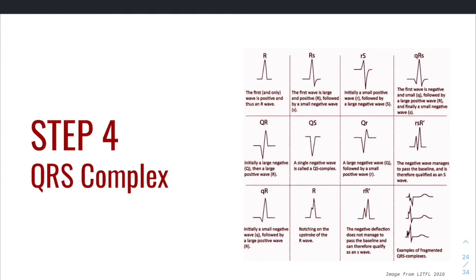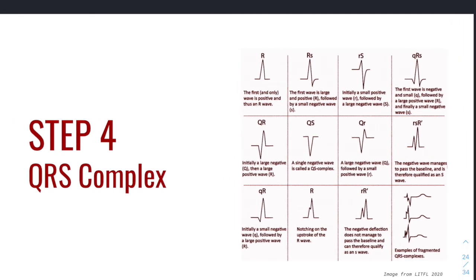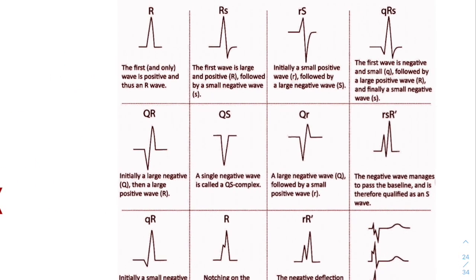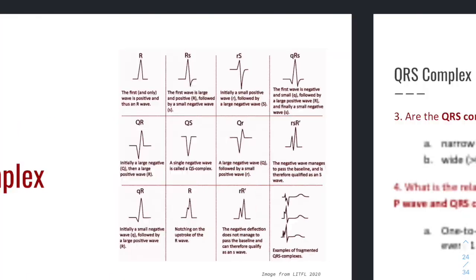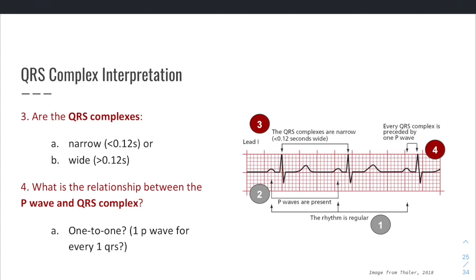Next thing to do is look at your QRS complexes. Depending on pathology and depending on the leads, your QRS morphology is all going to be different, and here are some examples of what you may see. But keeping it simple, you want to say, what does your QRS look like? What's the morphology? Is it narrow or is it wide?